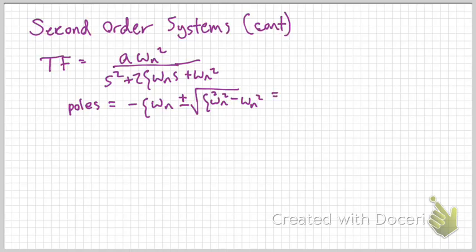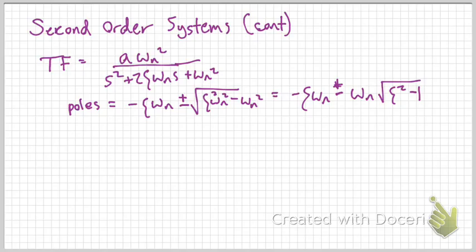So we could also make this negative zeta omega n plus or minus omega n times the square root of zeta squared minus 1.